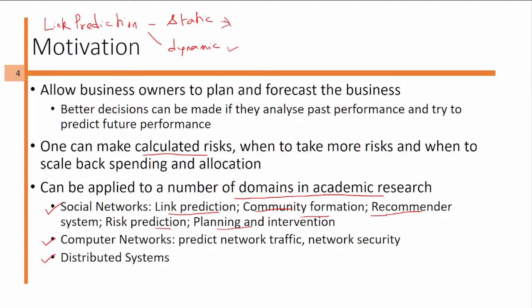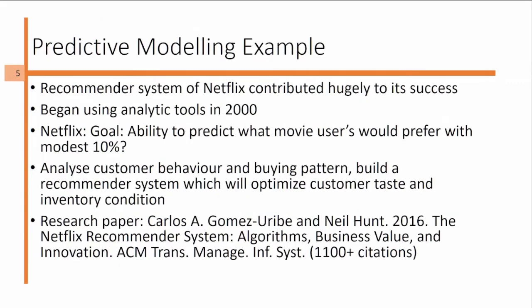Talking about recommender systems, a very good example is Netflix. Netflix's huge success is attributed to predictive marketing. They started using this kind of tools way back in 2000, 20 years back. And what was their idea?